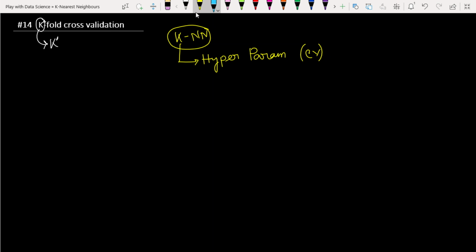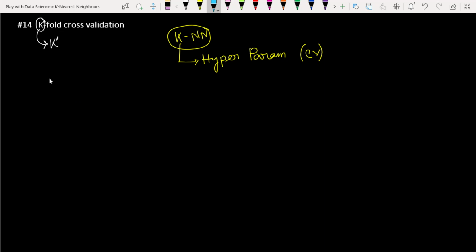So let's see what the problem of this cross validation is. We know that the more training data we use to train a model, the better the model will be.